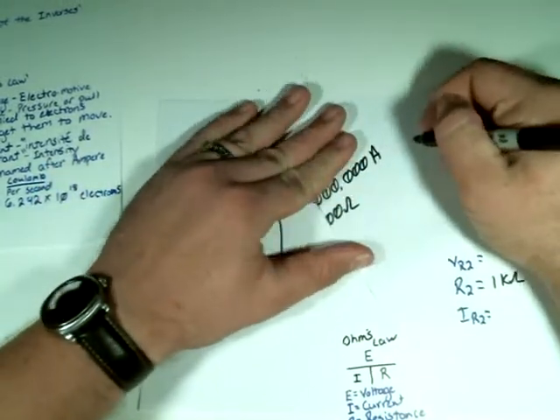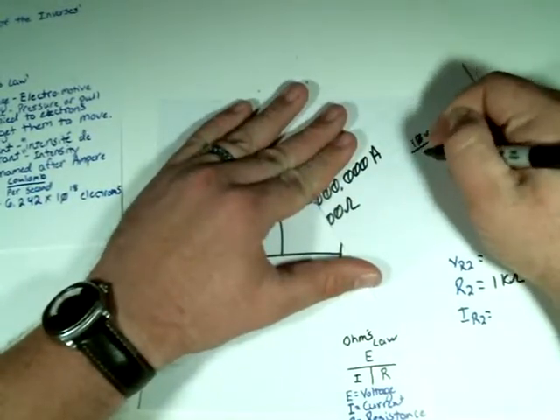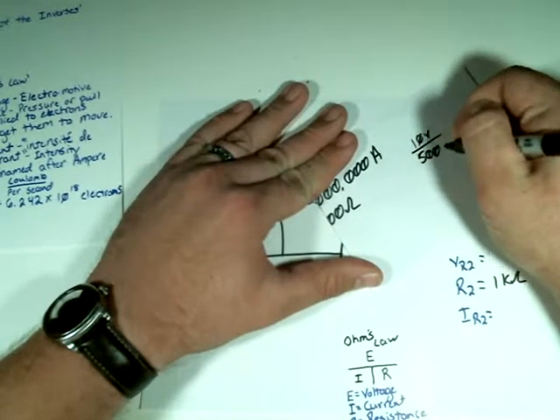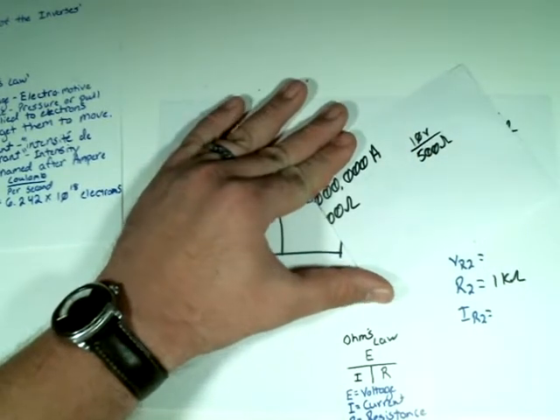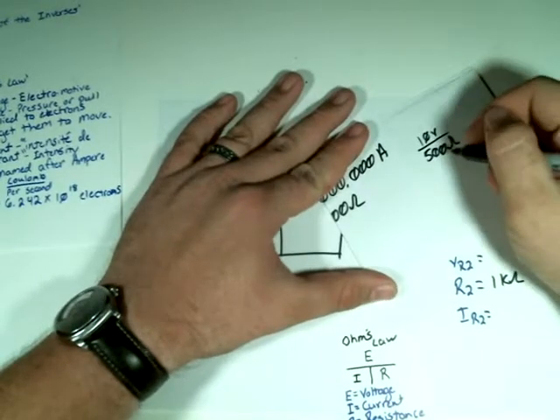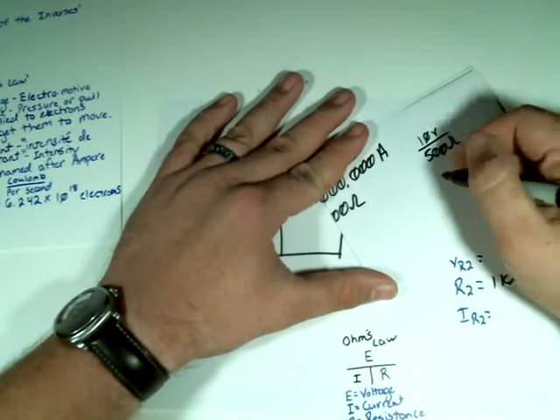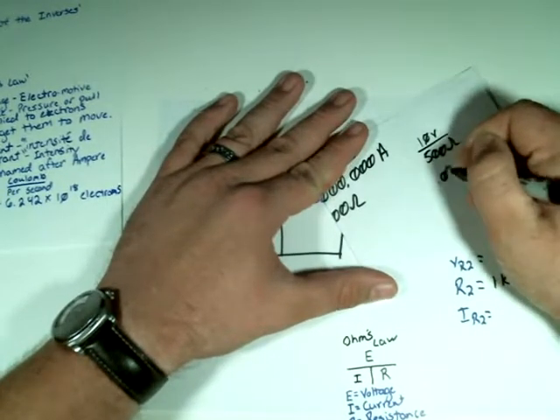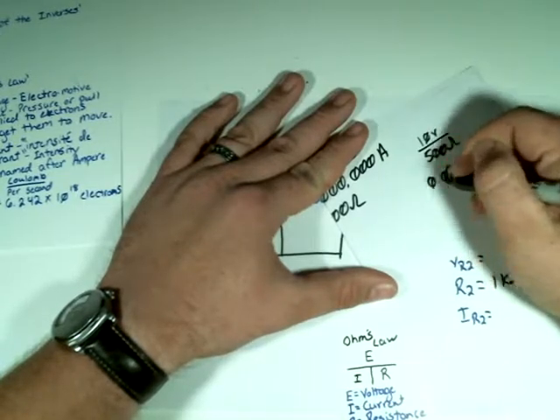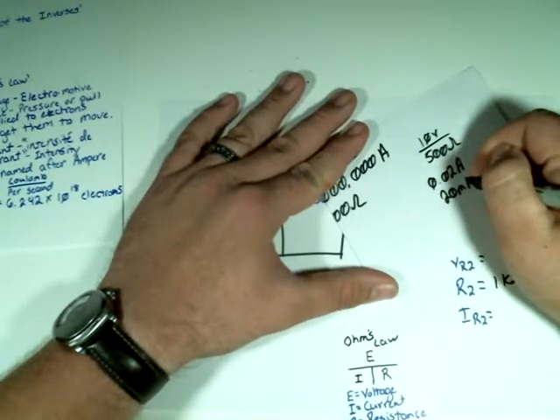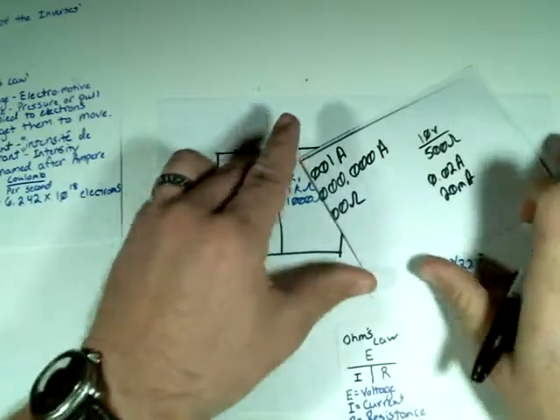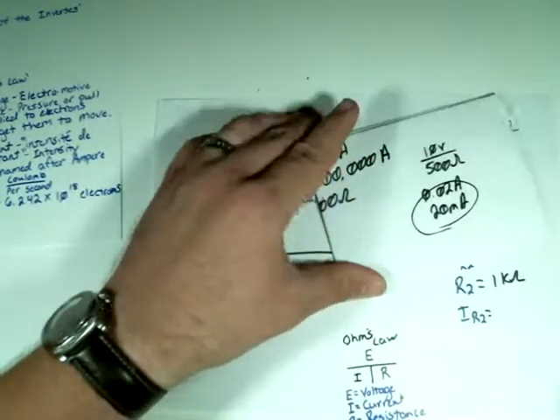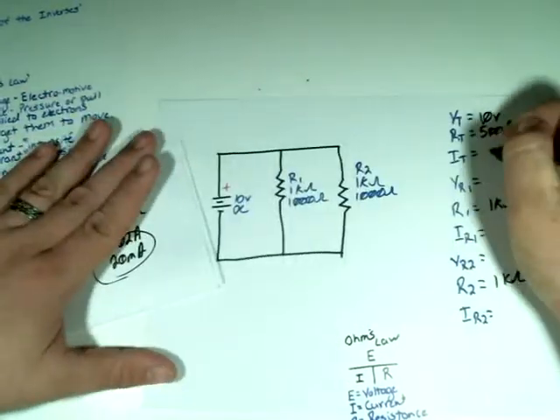Scratch paper is important. So I want to get 10 volts divided by 500 ohms, okay? And that's going to be 0.02 amps or 20 milliamps. It took me a second. Anyway, it's 20 milliamps.